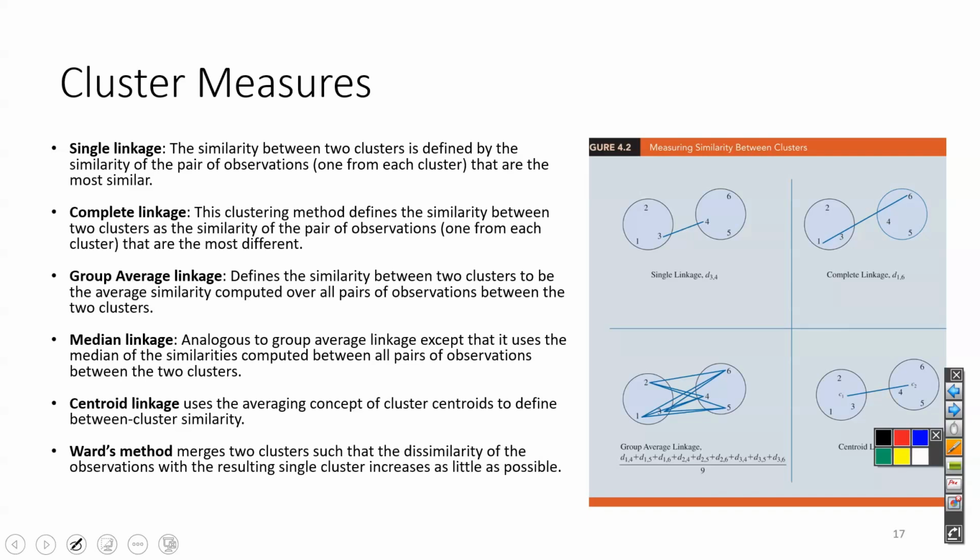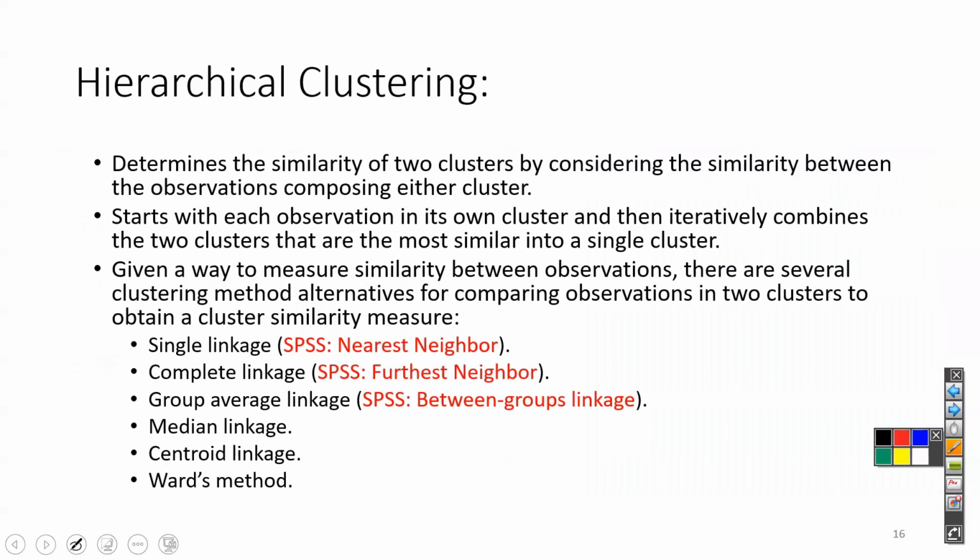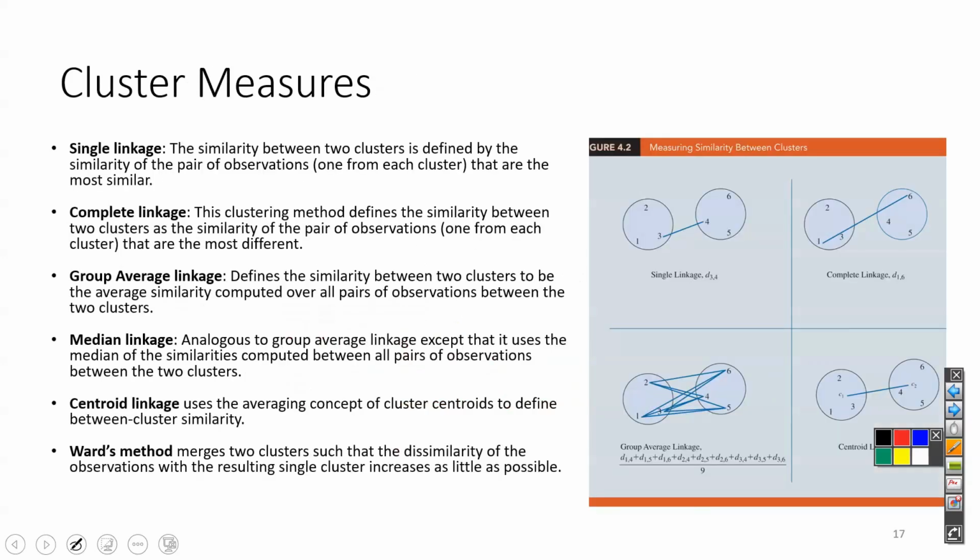Each of you is one observation, right? I will figure out which 2 are closest together. In this case, 2 of you are sitting right next to each other. So the closest distance between these two groups will be these 2 gentlemen over here. That's why the single linkage is also called the nearest neighbor in SPSS.